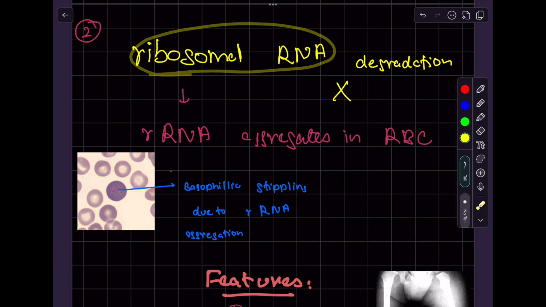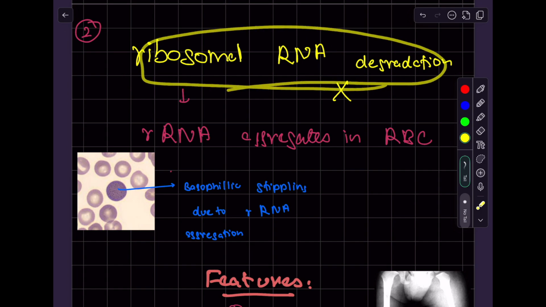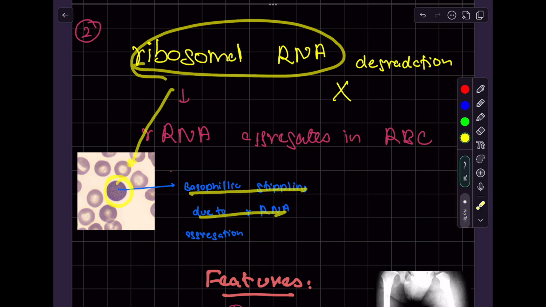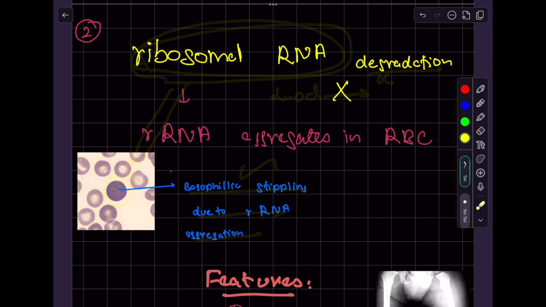As we all know, RBC is enucleated because of the loss of ribosomal RNA. If this step is affected by lead, it could lead to a deposition of ribosomal RNA in the basophil, leading to basophilic stippling. So the second important point is lead leads to impaired degradation of ribosomal RNA, leading to its deposition, causing basophilic stippling.